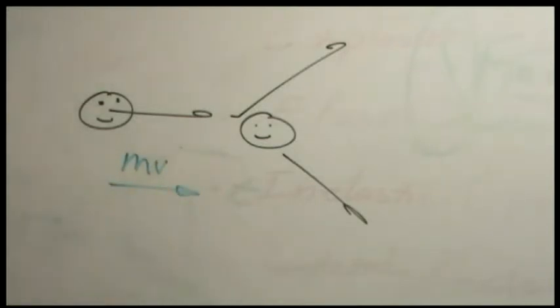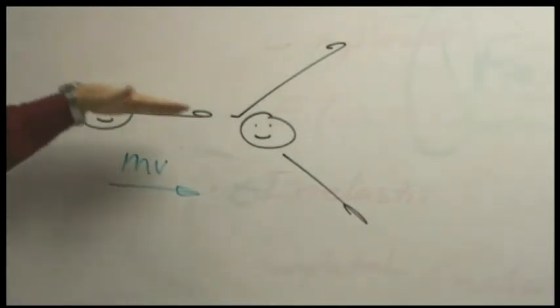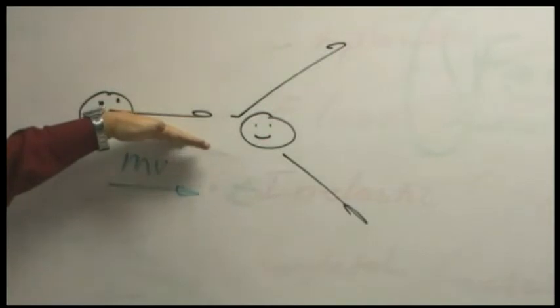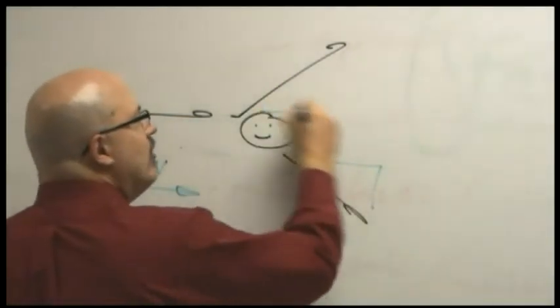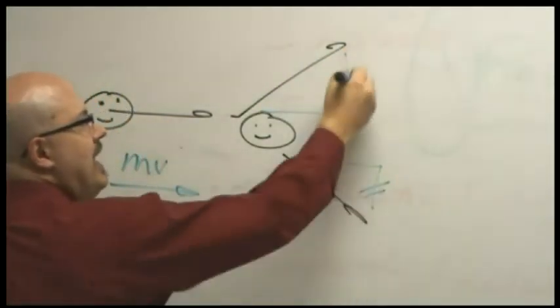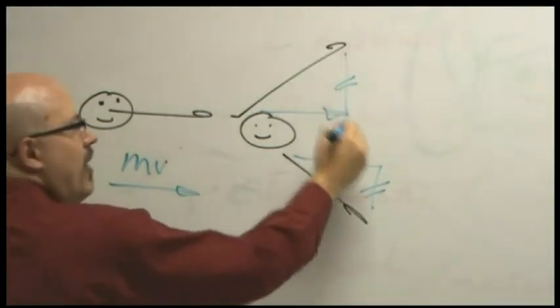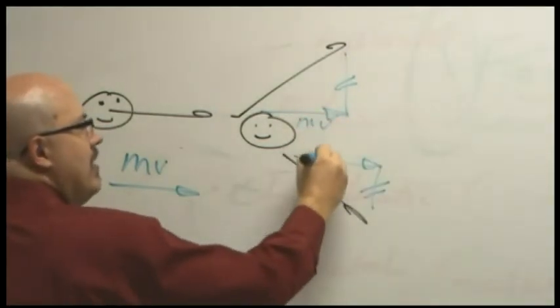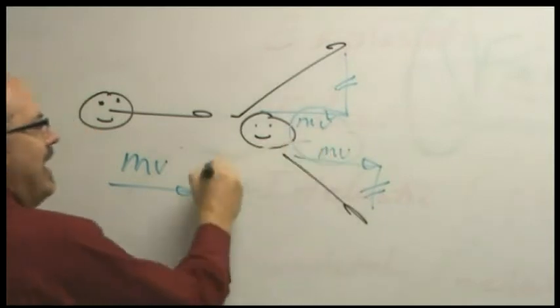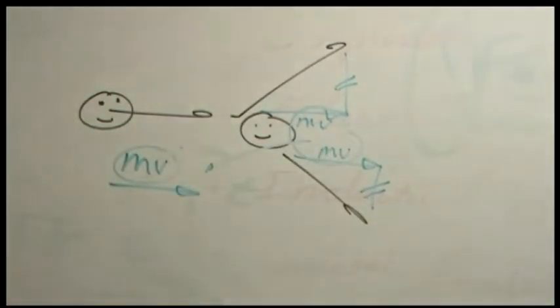Now I'll tell you everyone, this is something that students miss all the time. Most students will get the fact that, well, if it was going this way before, then these two afterwards have to add up so that these cancel, and that the mv here and the mv here, these two have to add up to be this one. Right?